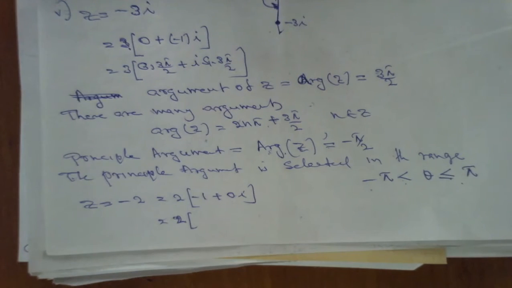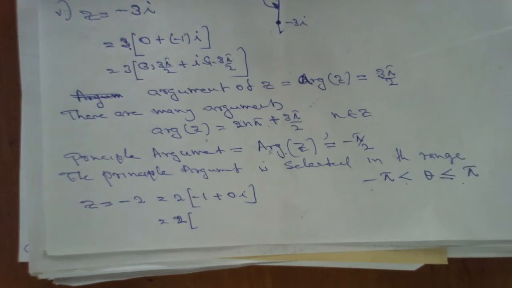This complex number is on the negative x-axis. Minus 2, where do you mark this complex number in the Argand diagram? Exactly on the negative x-axis. Then what is the principal argument corresponding to numbers on the negative x-axis?